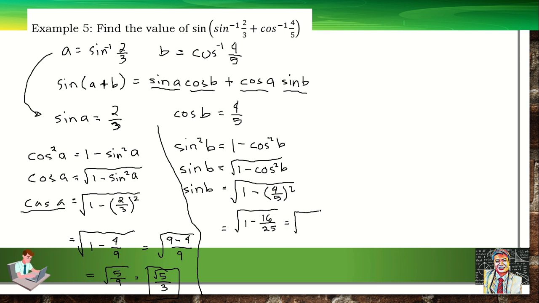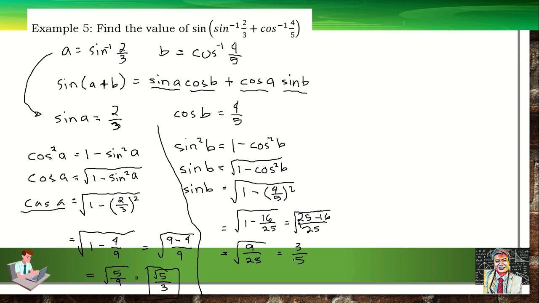So, that will become 1. This common denominator na is 25. So, this is 25 minus 16. Tama? So, gives us 25 minus 16. That is square root of 9 all over 25. Gives us 3 over 5.